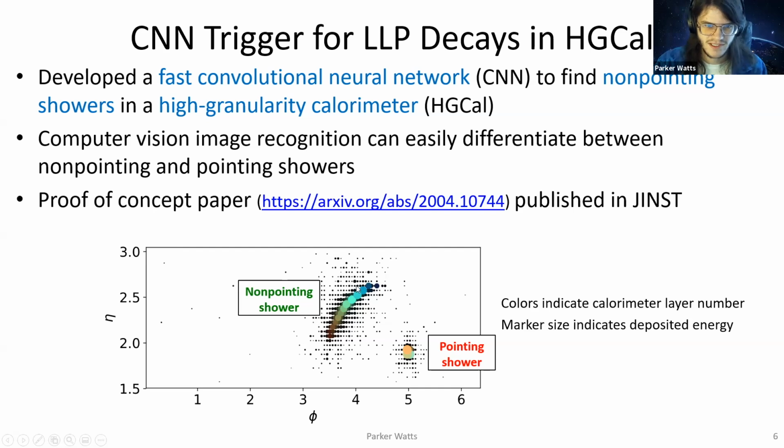A non-pointing shower is a shower that can't be traced back to the proton-proton interaction point. For this CNN, we've used samples of photons, which are Monte Carlo.